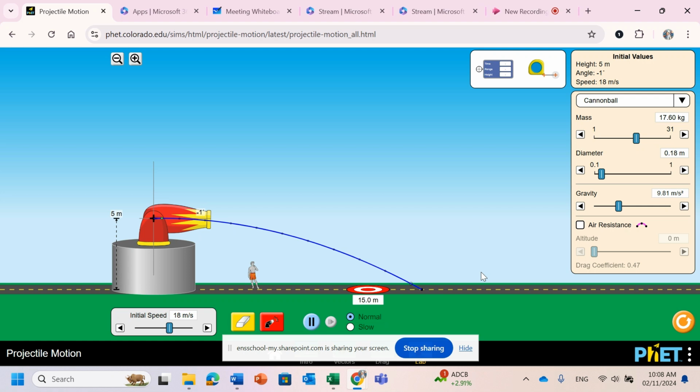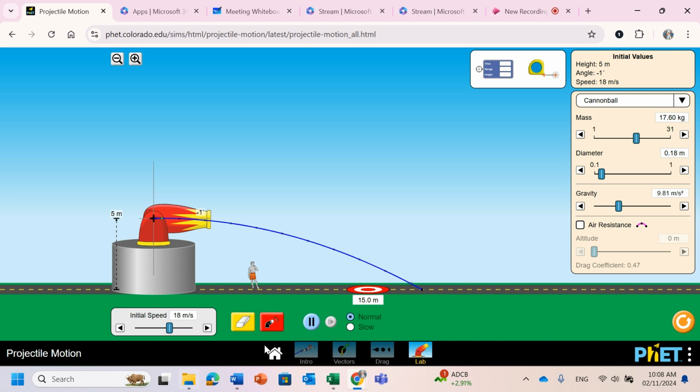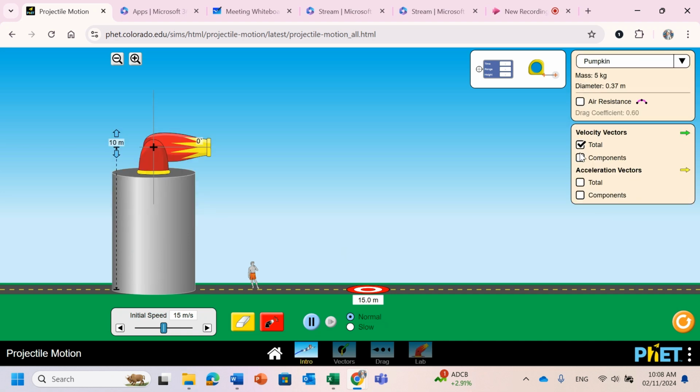Now, the initial velocity of the projectile. Let's go here to the initial velocity component, in slow motion. As you notice, the horizontal velocity, the velocity in the x direction, the length of the arrow is constant.